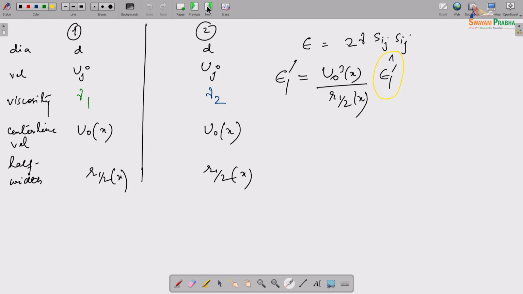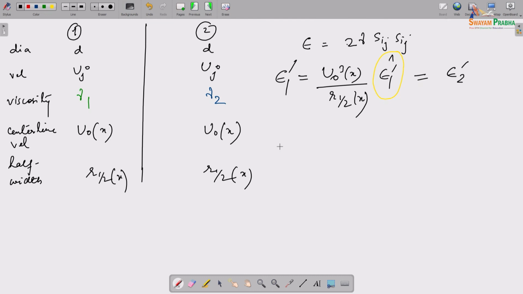So epsilon dash is this, which is also the same as epsilon 2 dash, for the second case. When I say 2, I basically mean this one. So 1 is essentially for this one, 2 is for this one. Same thing, because they will all fall onto the same plot.